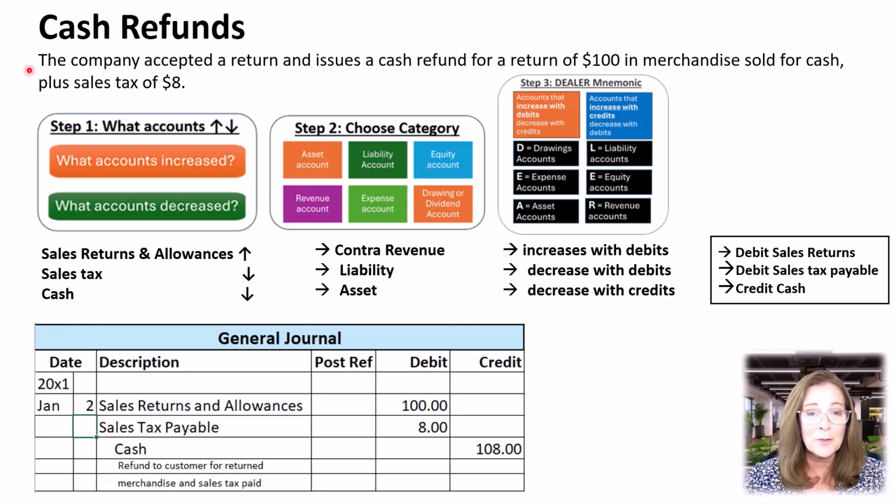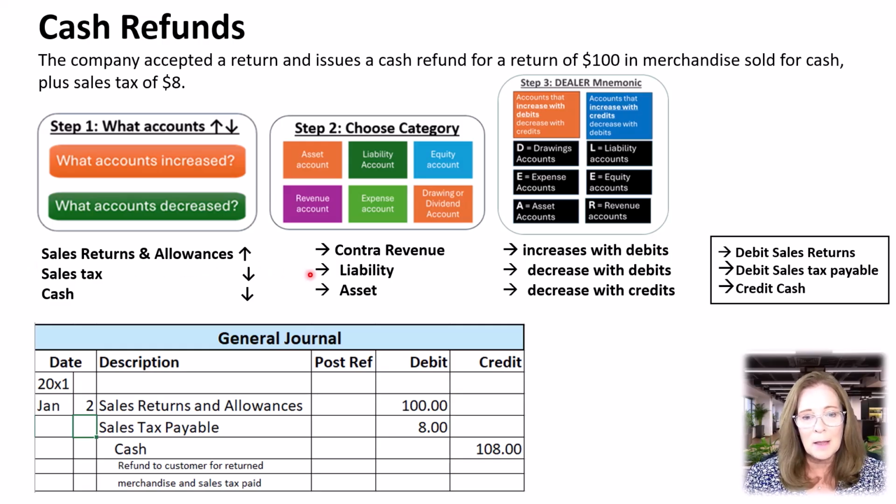Let's analyze this transaction by determining what accounts increased or decreased. In this transaction, sales returns and allowances increased. Sales returns and allowances are a contra revenue account with a normal debit balance, and contra revenue accounts increase with debits. Sales tax decreased because the company refunded the sales tax previously paid by the customer.